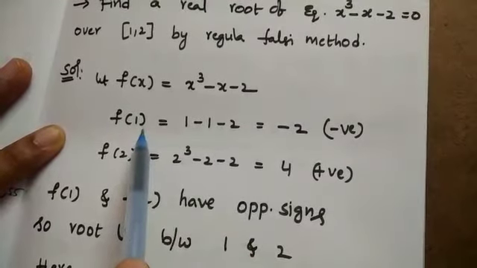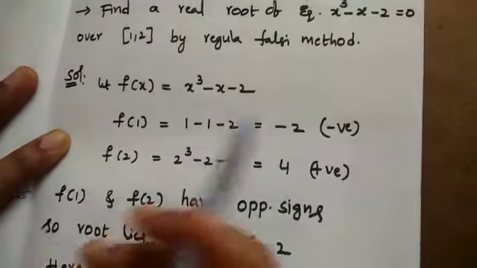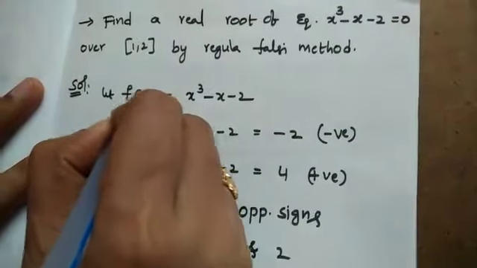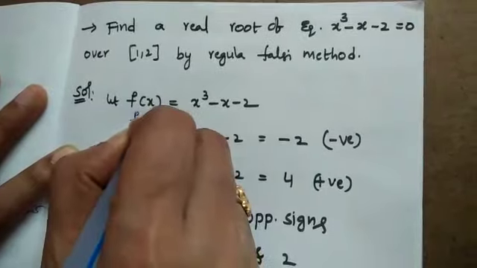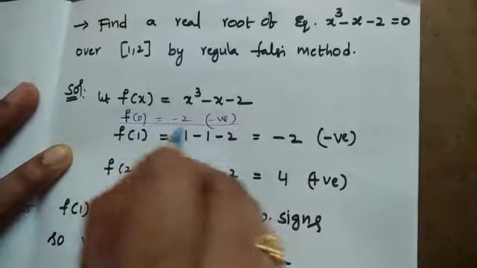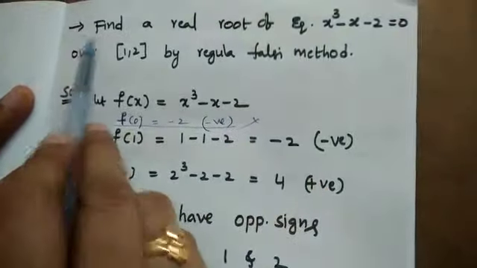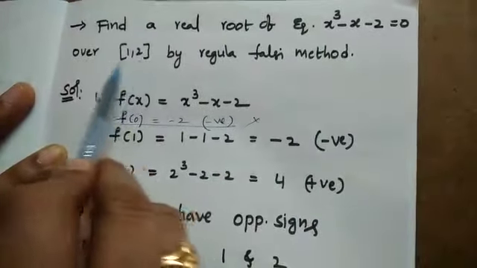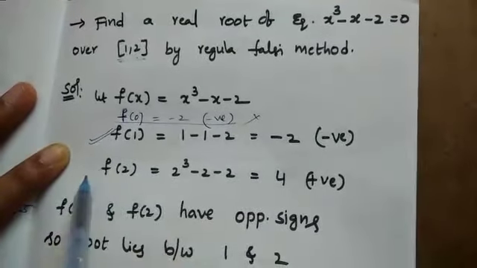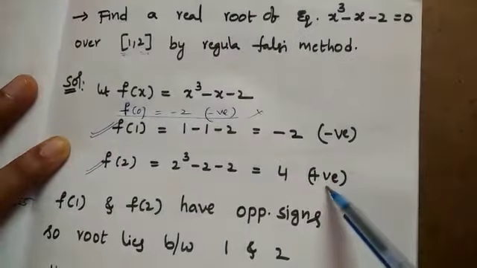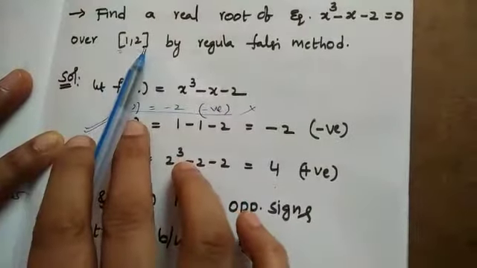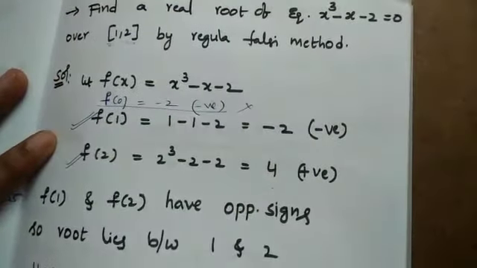Calculate f(1) and f(2). We would have to do f(0) also in the starting, that is -2, negative, but in this particular problem we won't do this, because the problem says to find a real root of the equation in the interval [1, 2], so definitely if we calculate f(1) and f(2) they have opposite signs. So without doing that, they mention to find the root of the equation between 1 and 2.